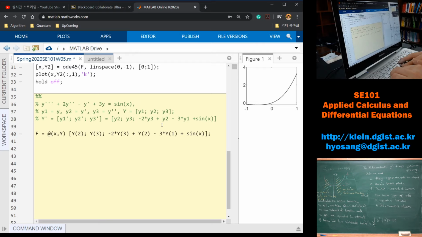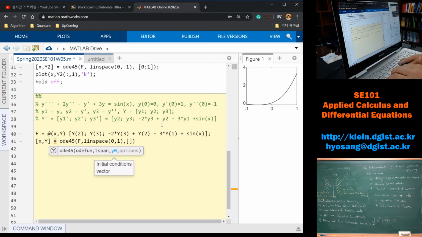And let's give some initial value conditions. So y(0) equals 0, and y prime 0 equals 1, and y double prime 0 equals -1. Okay. Then x, y is solved by ODE45, f, and linspace from 0 to 1 with initial condition 0, 1, -1.